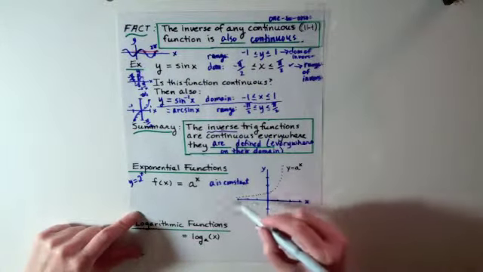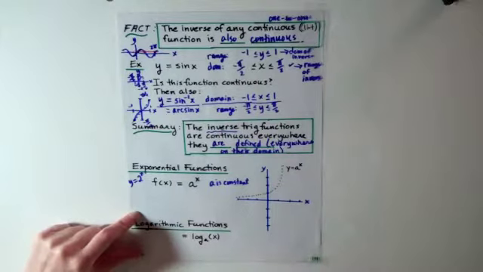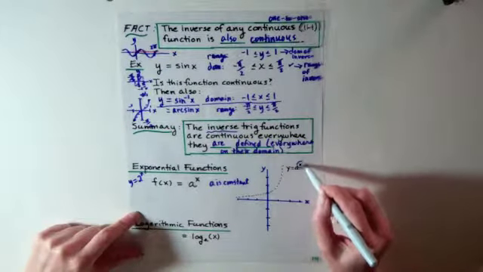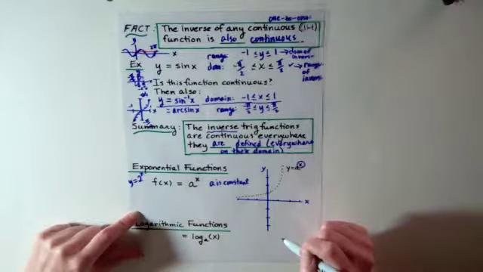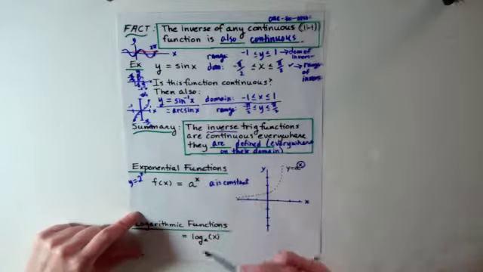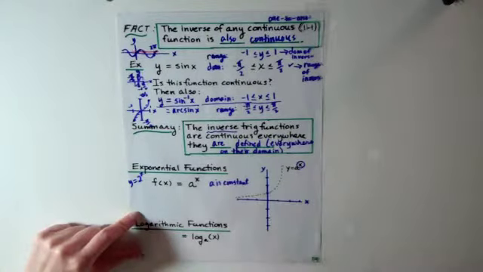Okay, here I've graphed y equals a to the x. I've actually only graphed it for values of x, values of the input here that are rational numbers. Remember, a rational number is something that can be expressed as a over b, where a and b are both integer values. And when we first define the expression a to the x, we really define it only for x being a rational number.